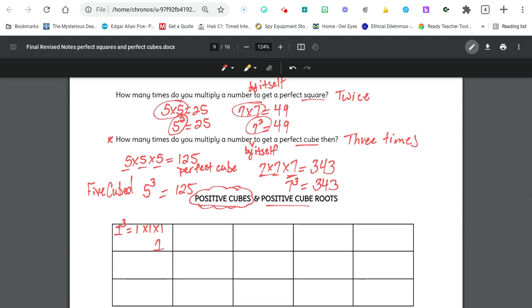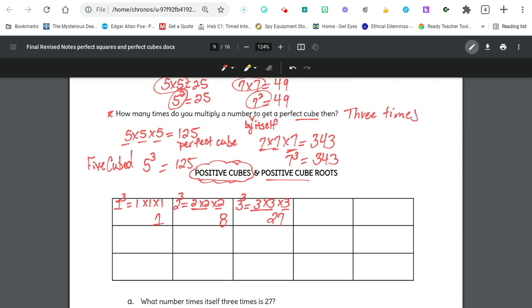The next smallest whole number cube would be 8, from 2 cubed, or 2 times 2 times 2. 2 times 2 is 4, and 4 times 2 is 8. The next is 27, from 3 cubed, which is 3 times 3 times 3. 3 times 3 is 9, and 9 times 3 is 27.